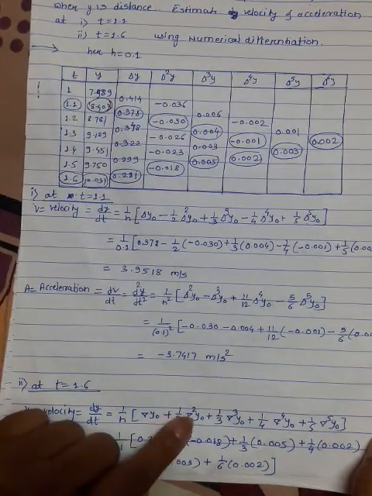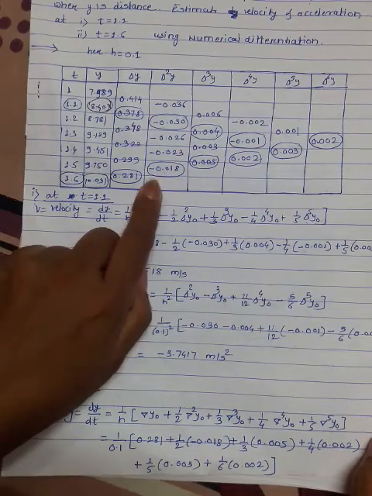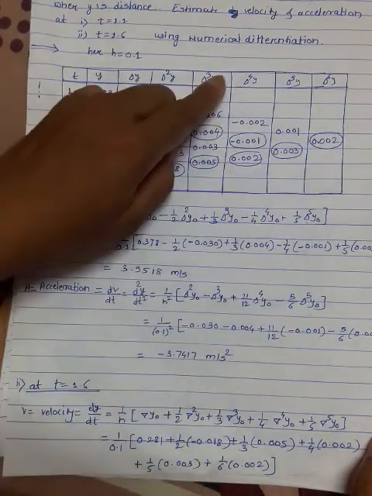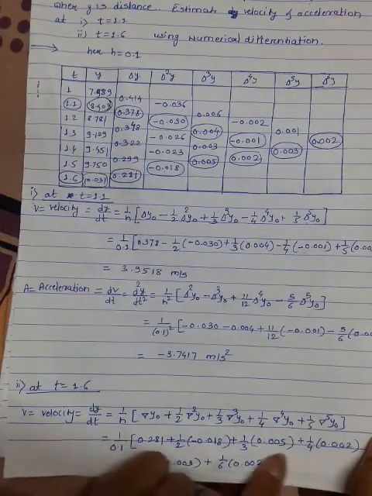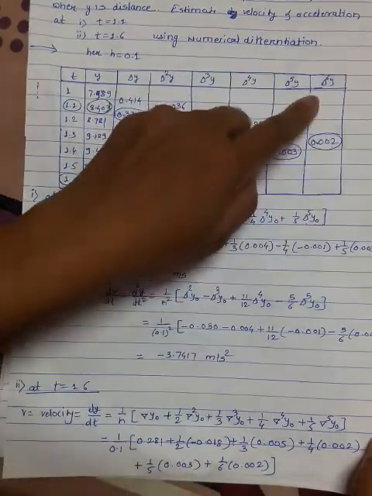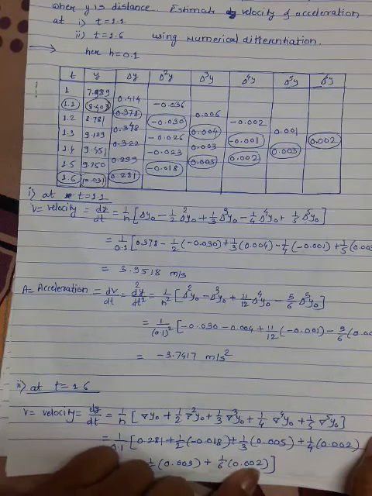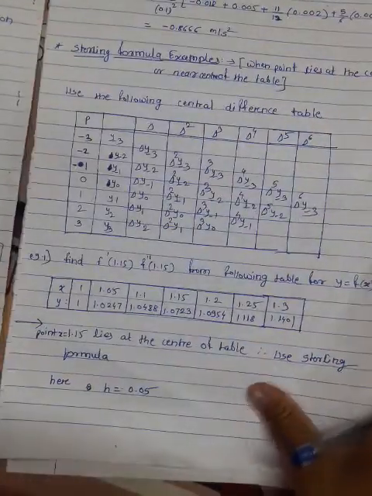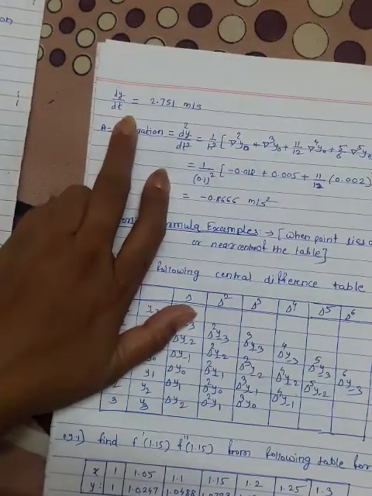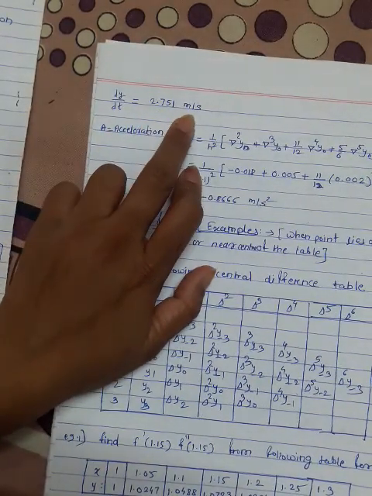Okay, plus 1 by 2 del square column's last circled number, plus 1 by 3 del cube column's last circled number, and so on. Plus 1 by 6, the last number is 0.002. Now calculate this value, we get this answer: dy by dt is equal to 2.751 meter per second.